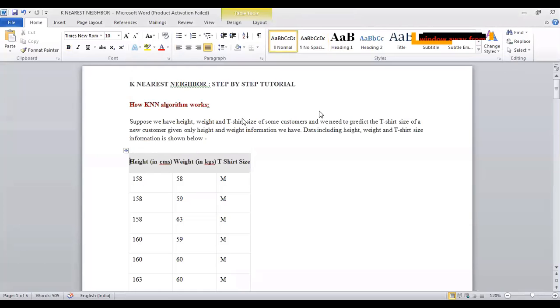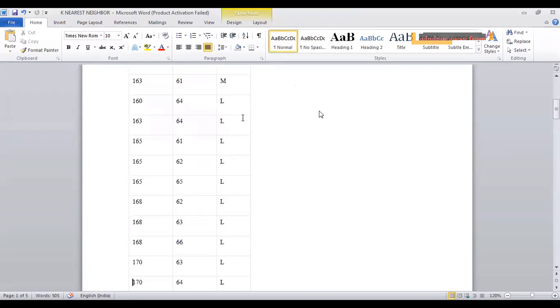All these are medium size. If we want the other size, we scroll down. For 160 height and 64 weight, the size is large, and for a few values, the t-shirt size is large. So like this, you have to check the table. These are the values for the t-shirt sizes that are medium and large.